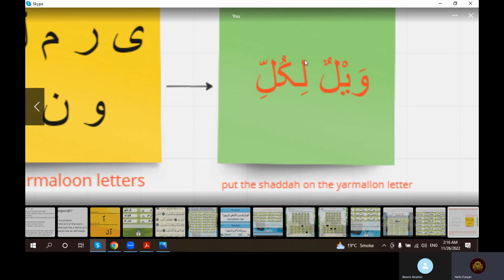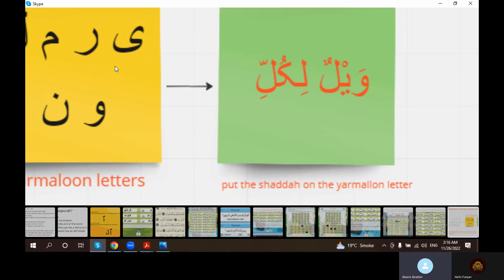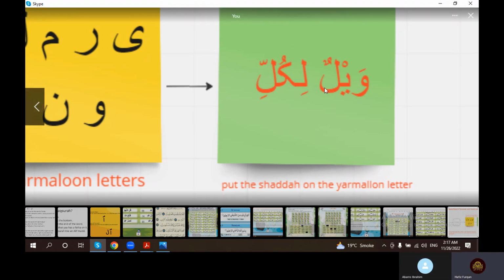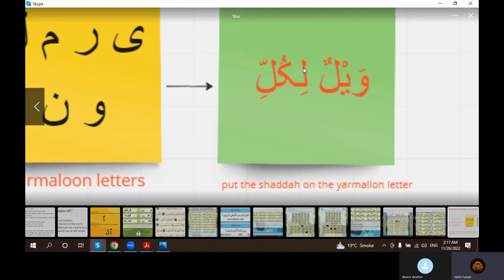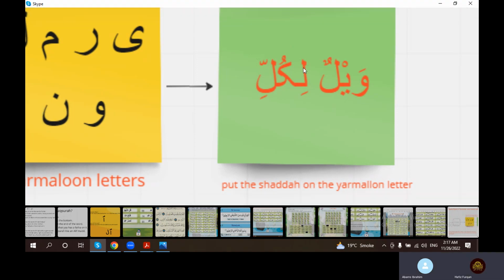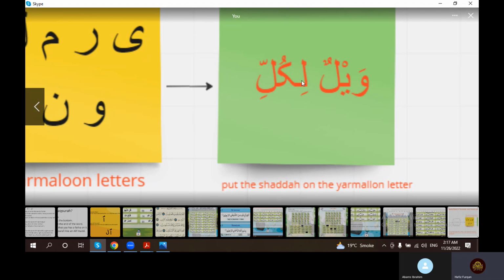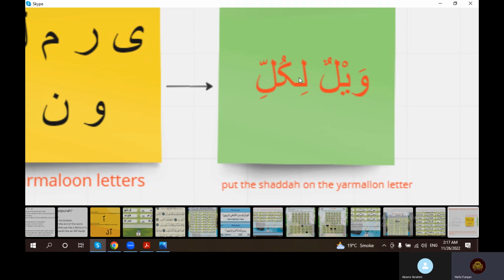There is no shadda on that Lam, but according to the idgham rule, we are merging the tanween or noon sukun with Yarmaloon letters. This is why we put the shadda. Because of the shadda, we connect the previous letter with the shadda letter.